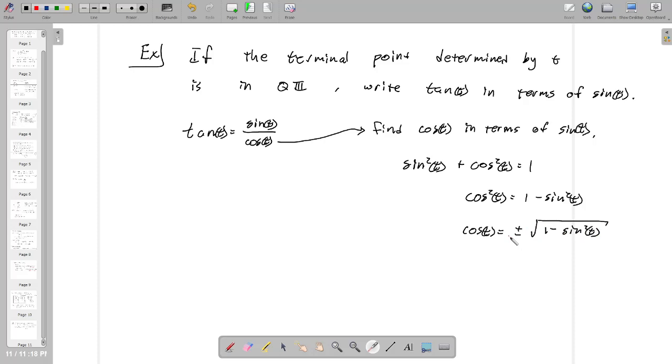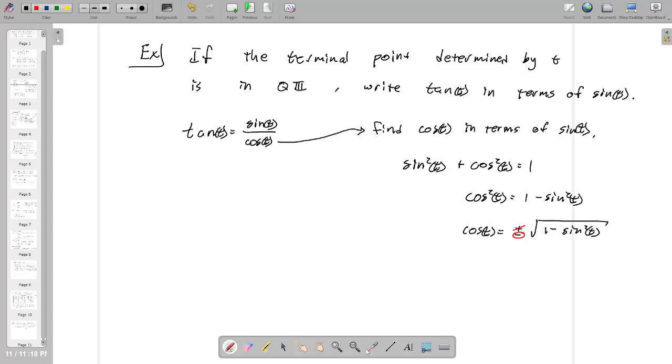So we have to use the last piece of information here. Our terminal point determined by t is in quadrant 3. So we look at cosine and we say in quadrant 3, is cosine going to be positive or is it going to be negative? Cosine's negative in quadrant 3, which means we use this negative sign here. And we ignore the positive.